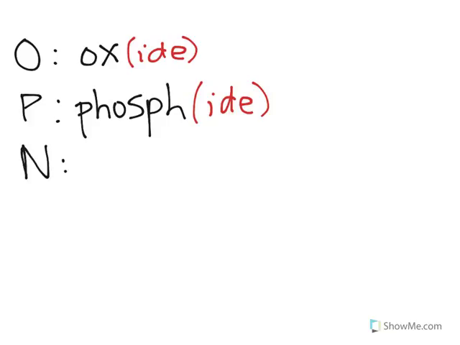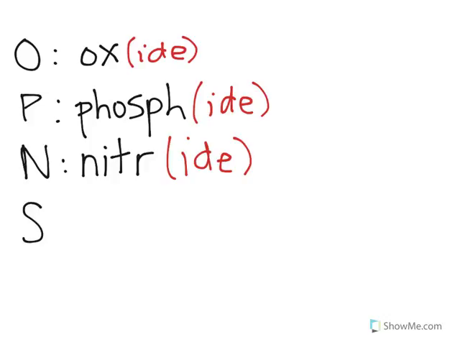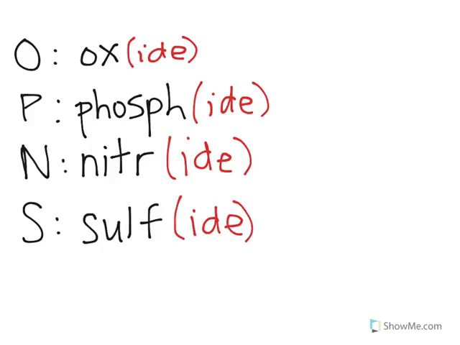For nitrogen, the root is nitr. So again, adding the IDE, we would have nitride. Next up is sulfur, which is a little bit different, and this is just sulf. So it would make sulfide.